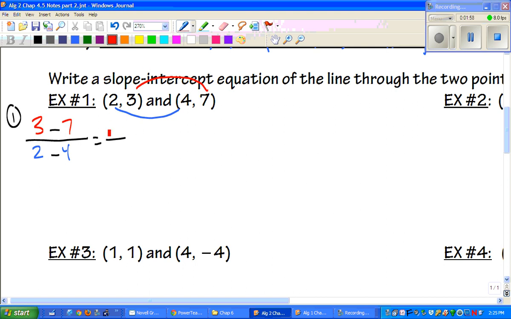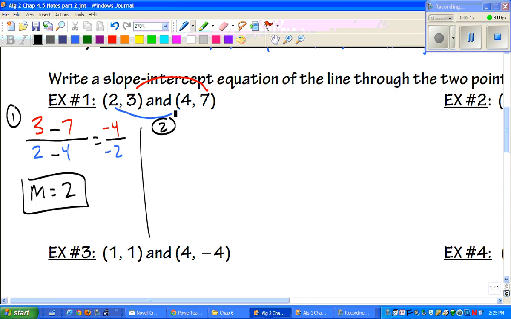When you do that, 3 minus 7, that is negative 4. 2 minus 4 is negative 2. And when you reduce that, negative 4 over negative 2, you get 2. Okay? So there's our slope.